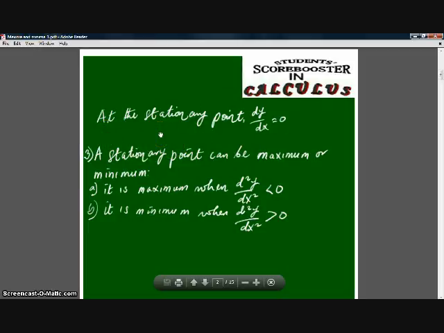Now this third point, the third term that I have defined here, is explaining stationary points. Stationary points can be maximum or minimum. It is maximum when the second derivative of y with respect to x is less than 0, and it is minimum when the second derivative of y with respect to x is greater than 0.